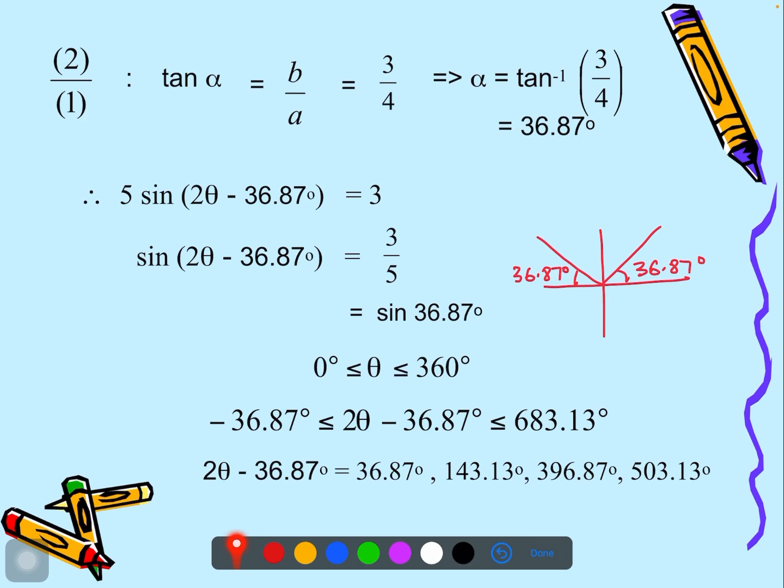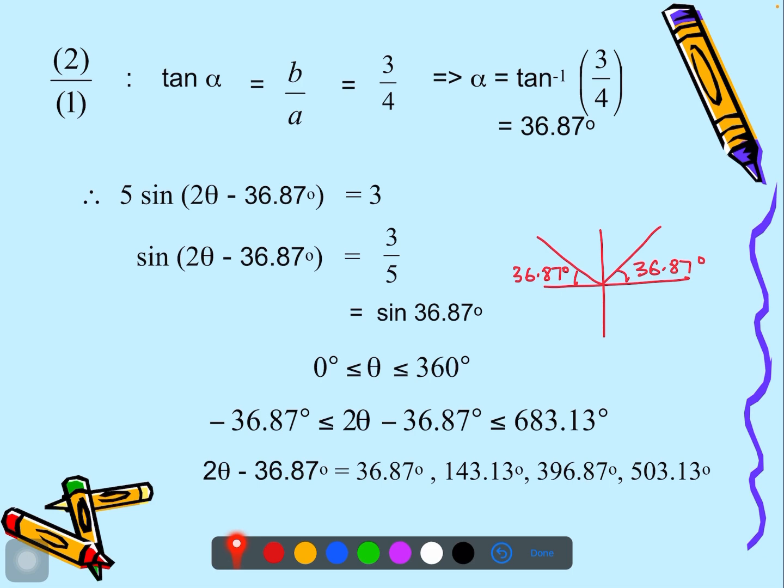And since here is 600 something, we will have to go more than one complete circle. From 0 until this line we have one complete circle, that is 360, and then plus 36.87, we have 396.87.